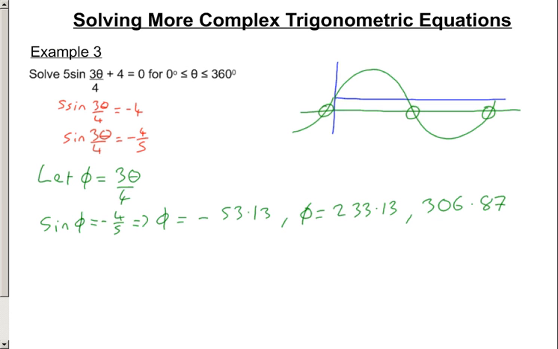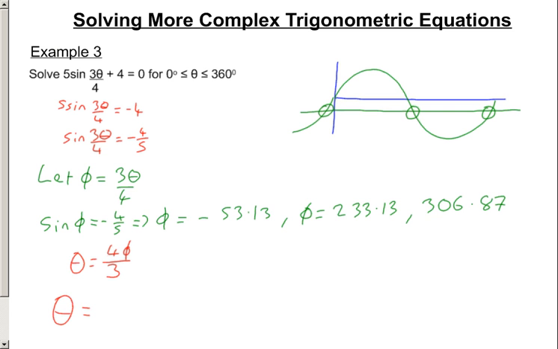Now we're going to use the fact that theta is equal to 4 phi over 3 to find the values for theta for each of these. We know the first one is not going to be in our range because it's negative, so we definitely can't use the minus 53.13, because multiplying that by 4/3, it's still negative.